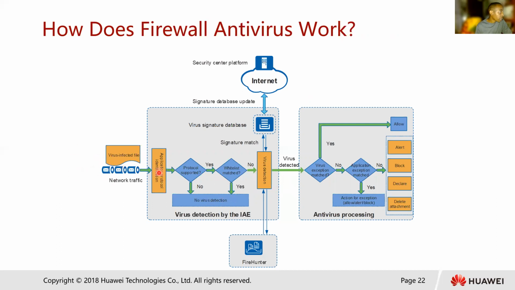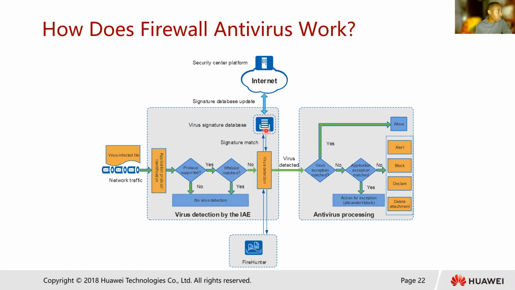So we have a virus infected file. First of all, the application protocol is identified. Is the protocol supported? Yes. Is the whitelist matched? Yes. No virus detected, right? If it does not match the whitelist, a virus has been detected, so it has to go through virus detection.